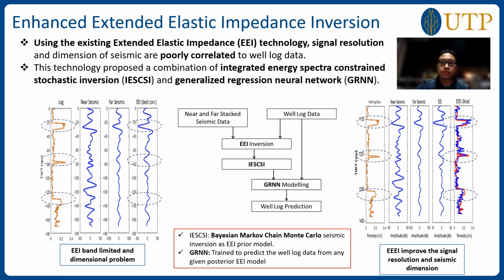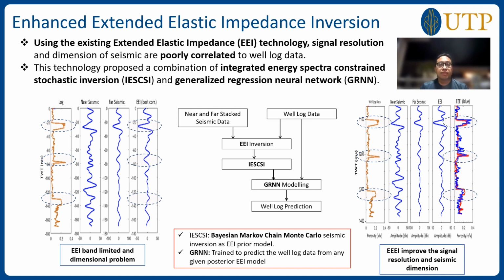Theoretically, although we are able to predict the reservoir, the measurement requires further improvement. So in this technology, we propose a combination of the existing EEI with the integrated energy spectral constraint stochastic inversion method, or IESCSI, as well as the generalized regression neural network method, or GRNN.